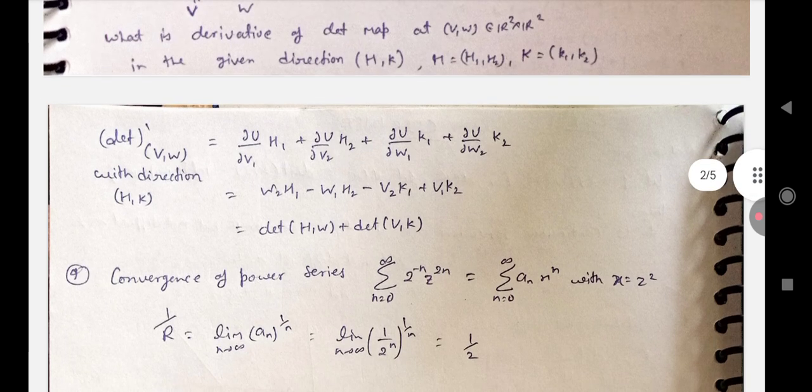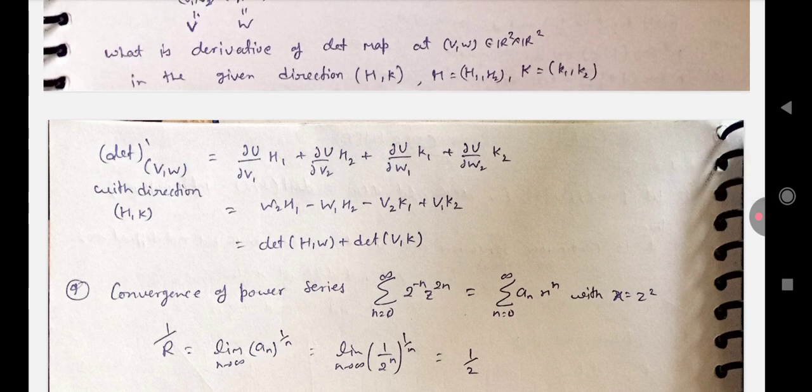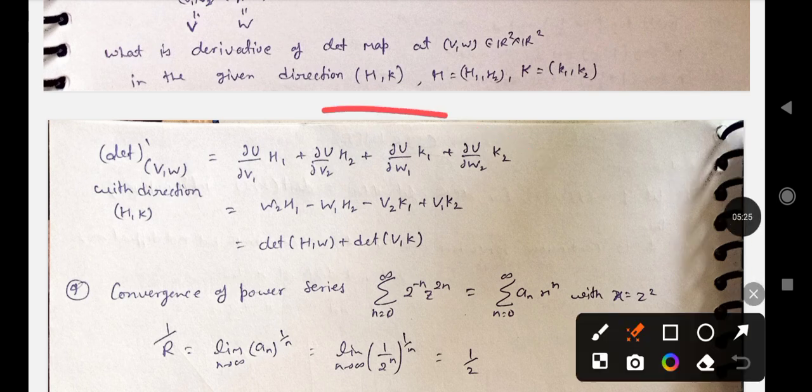So what can we do? Derivative of determinant at point v and w with direction h comma k is given by this thing. So del u upon del v1 in direction h1 plus del u upon del v2 in direction h2 plus this.